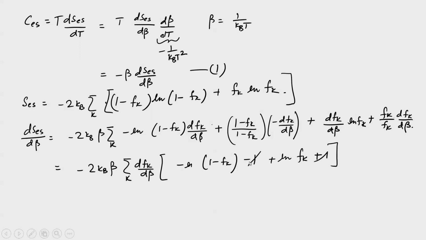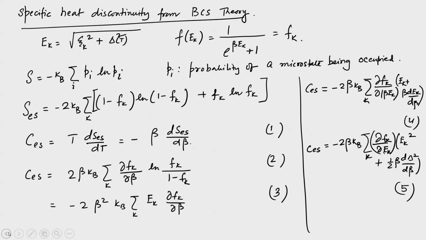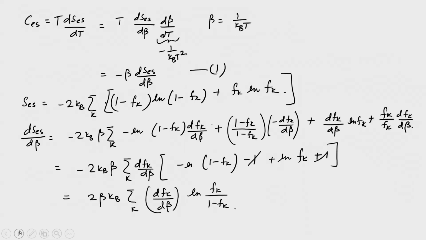So, this 1 will cancel, and we can write this as 2βk Σ_k (df_k/dβ), and these two logs can be combined, writing it as f_k divided by 1 − f_k. This is equation number 2. Okay. So, that is the same equation that we have derived. So, this is equation 1 and this is equation 2.